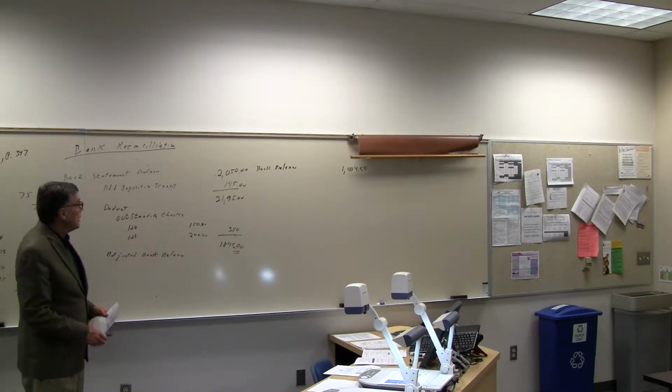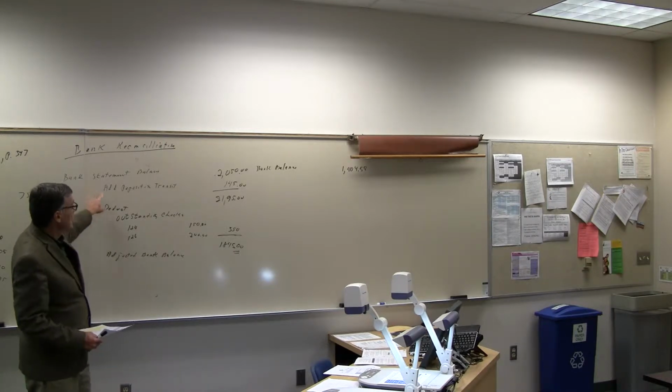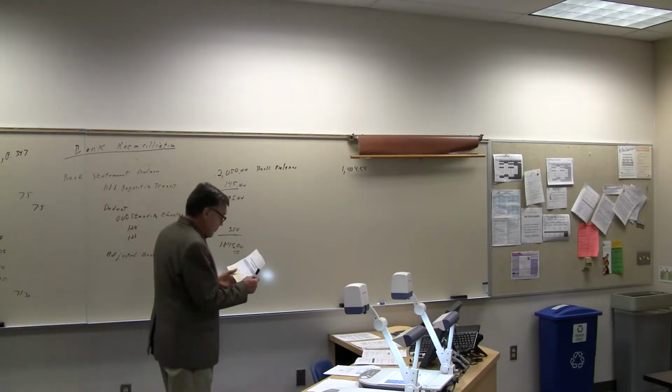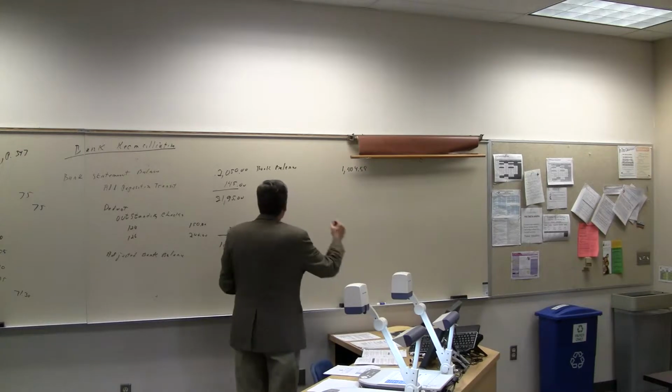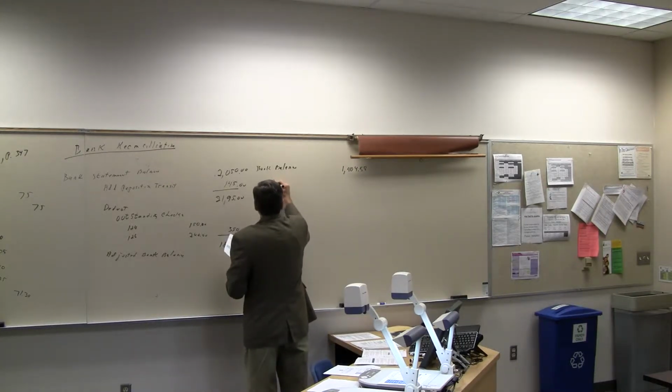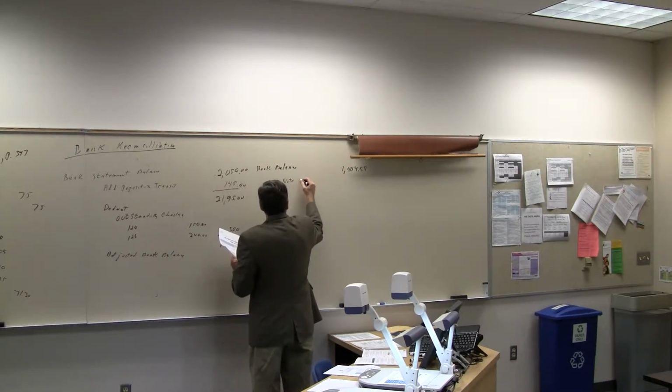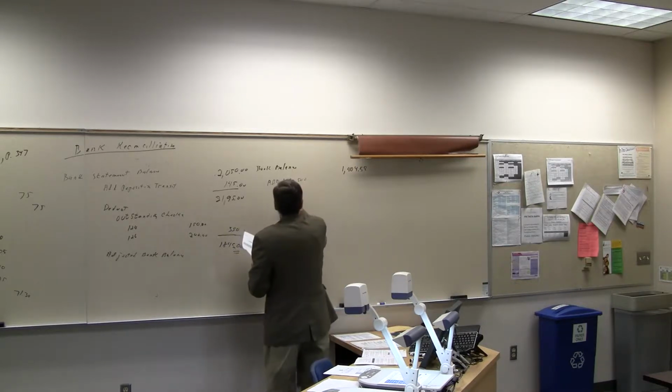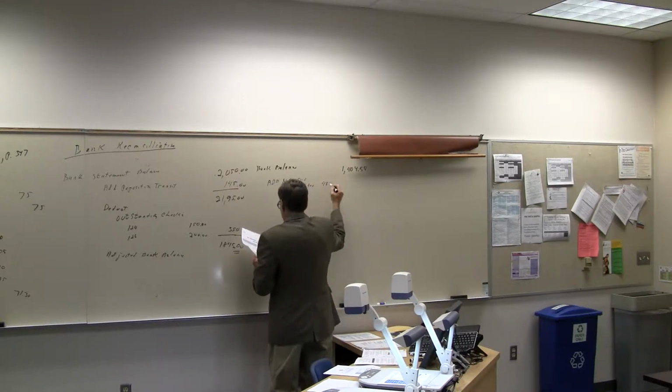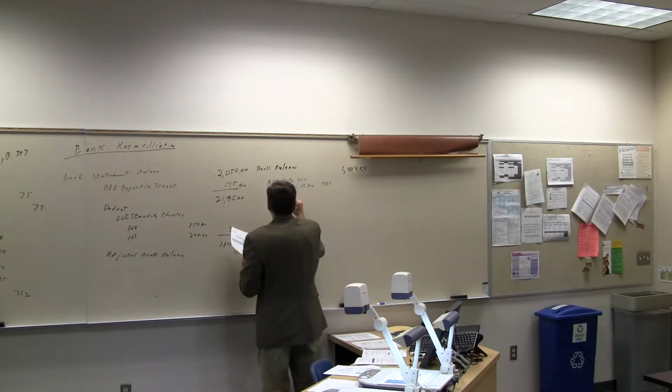Now, what sort of things are on your bank statement but not in your check register? In this case, again, there's that note. So you add note, and it was $500 less the $15 fee. So that's the $485. You add interest earned.